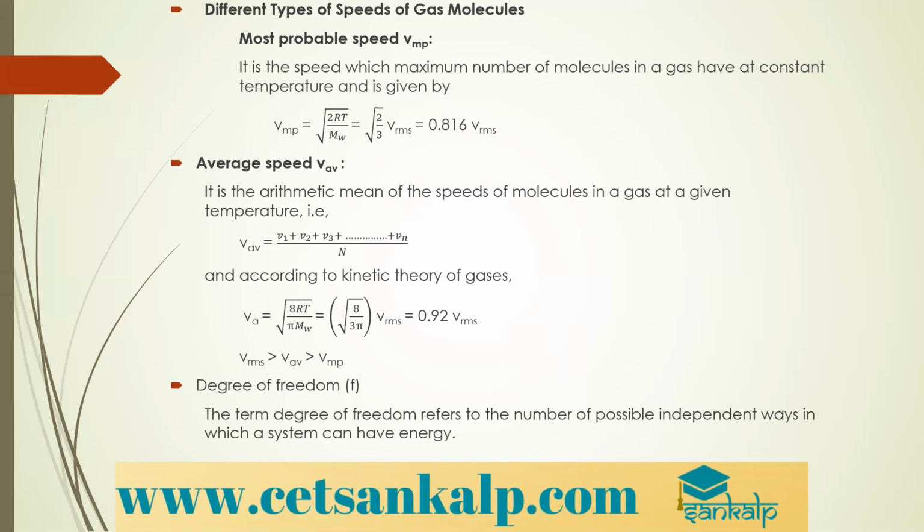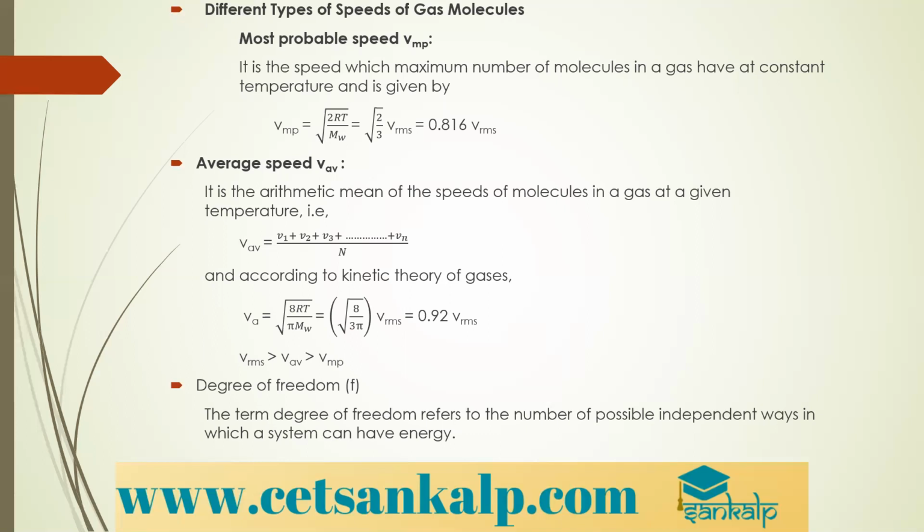So what is root of 2 by 3? It is 0.816 VRMS. So this is the most probable speed of the molecule. VMP is equal to 0.816 VRMS.